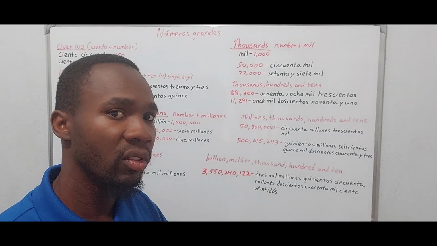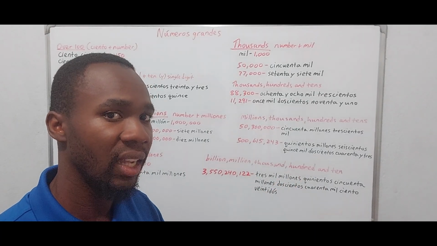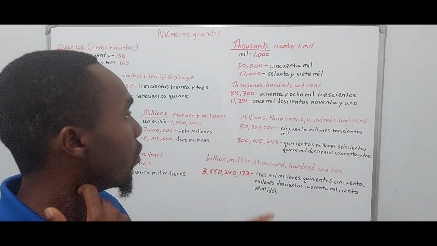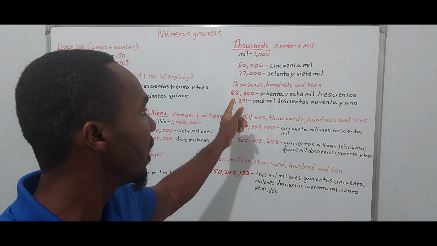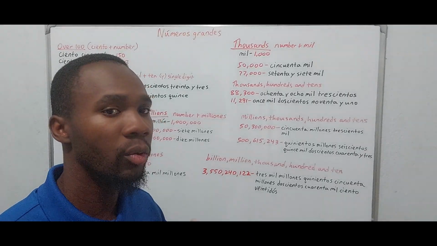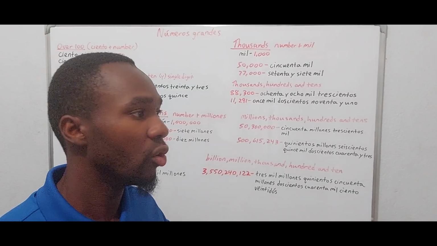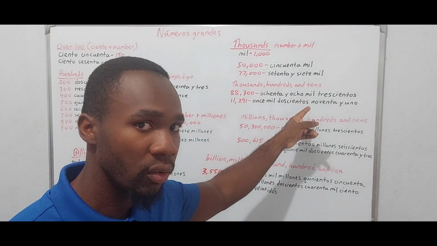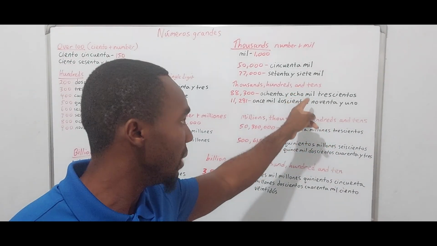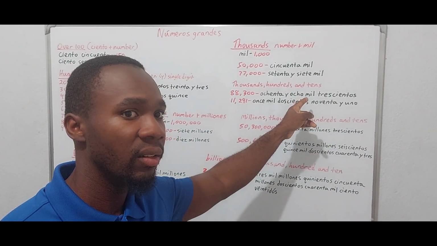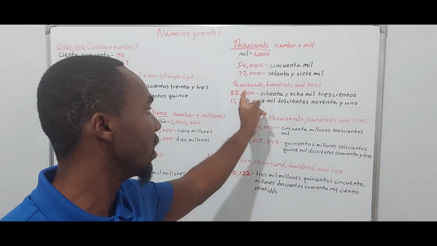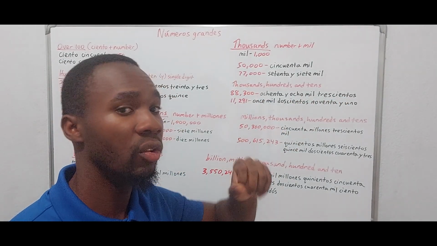So we have thousands, then we have hundreds, and then we have tens, all right? So, 88,300. How do we say that? So, how do we say 88? How do we say 1,000? Mil. And then what follows? 300.